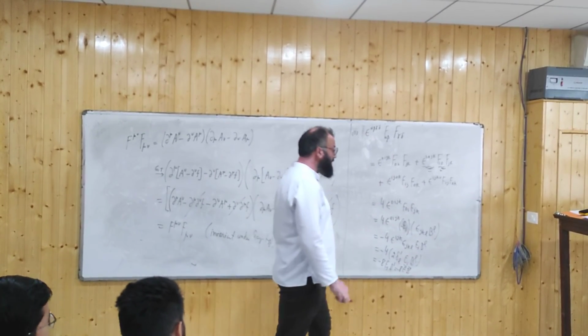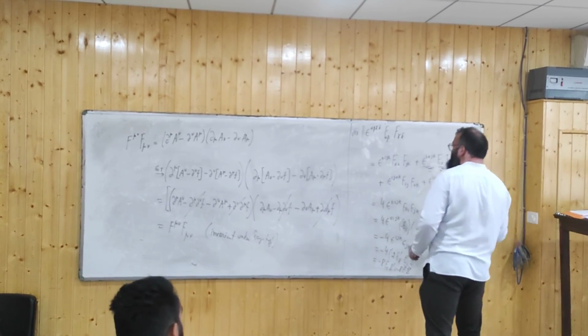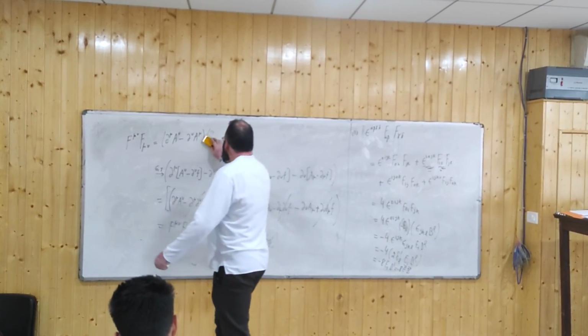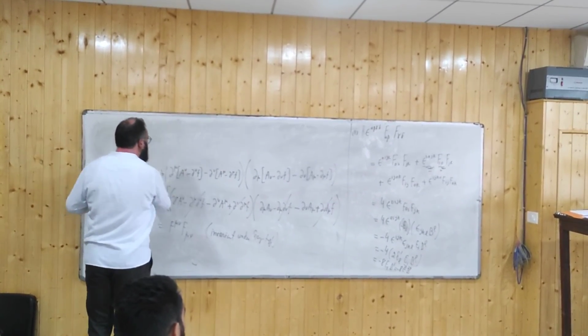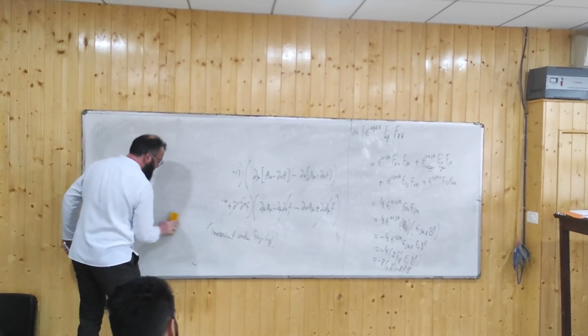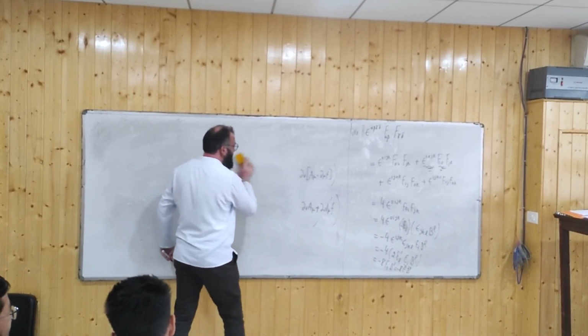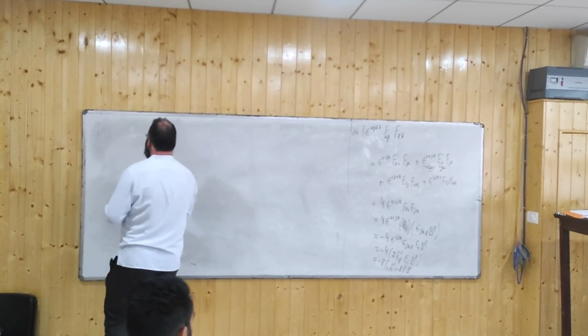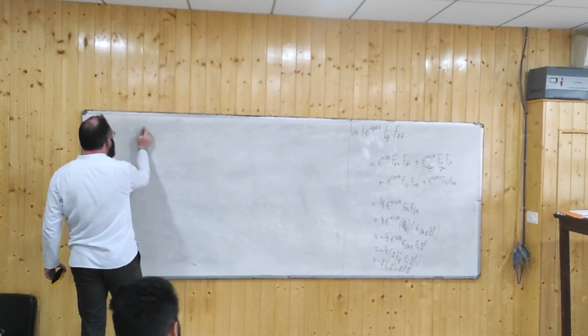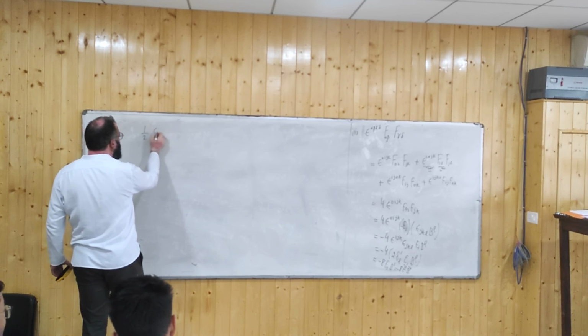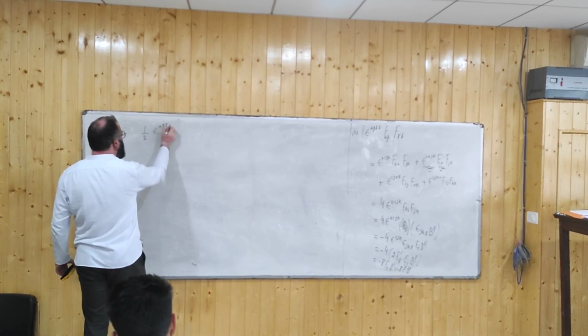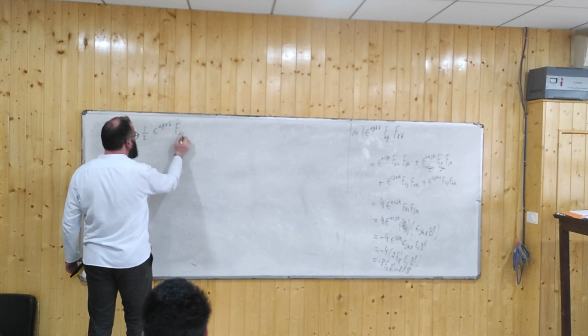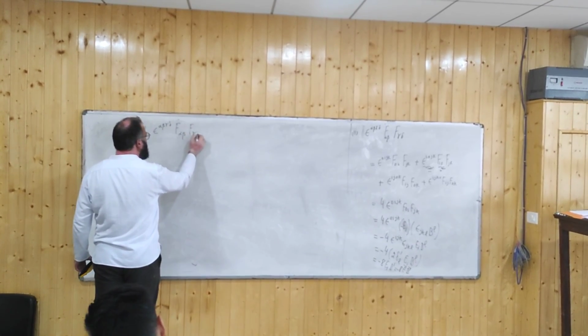So we have another quantity. Another scalar quantity that we constructed from this f. It is half of epsilon alpha beta gamma delta f alpha beta f gamma delta.